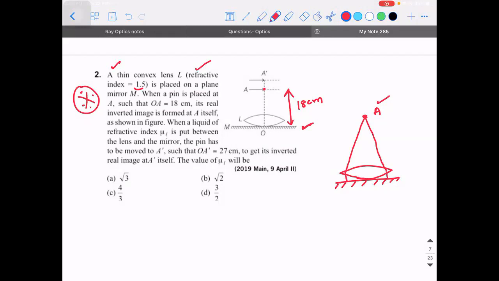So when will the rays be parallel to each other? Only when the object is at infinity. Correct? So these rays start behaving like an object to the lens. Once they get refracted, where will the parallel rays meet for a lens?